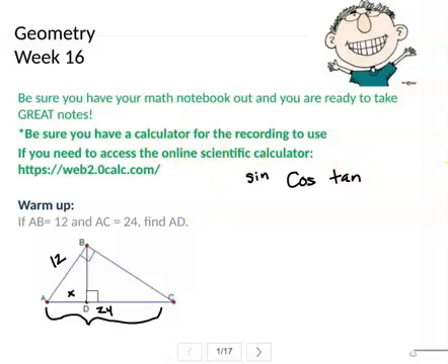All right, so I have the hypotenuse of this leg over the short leg of this triangle. So this triangle here, ABD, I've got labeled the hypotenuse and then the short leg. So that's what I'm going to use to set up my proportion. I'm going to compare the hypotenuse over the short leg.